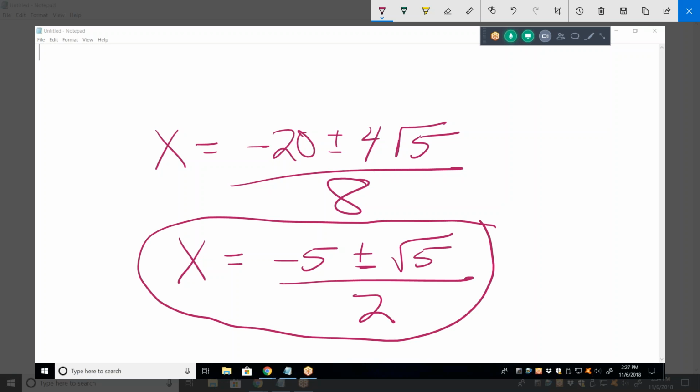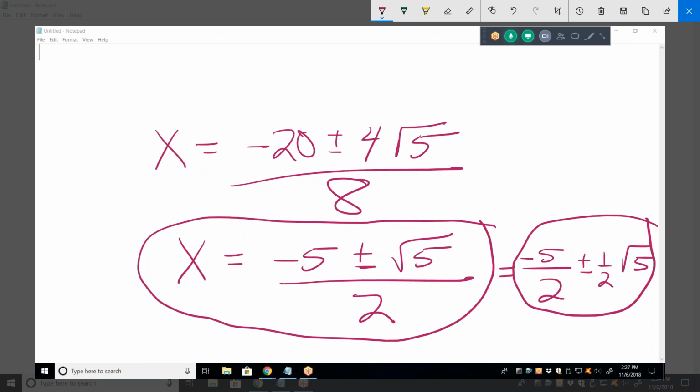So that answer is as simple as you could make it, except for one other possibility. You could say that that's the same as minus 5 over 2 plus or minus 1/2 root 5. That's another possible way to express it. Now, I'm not sure that the second way is necessarily the correct way.